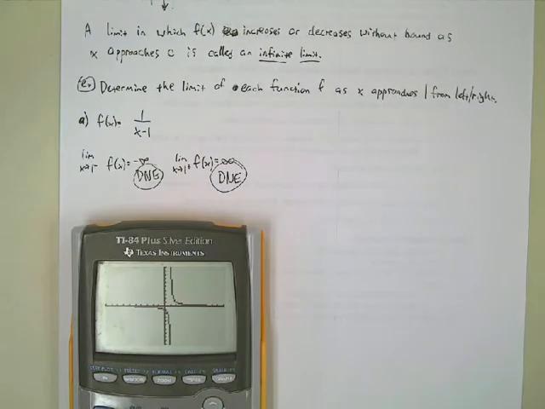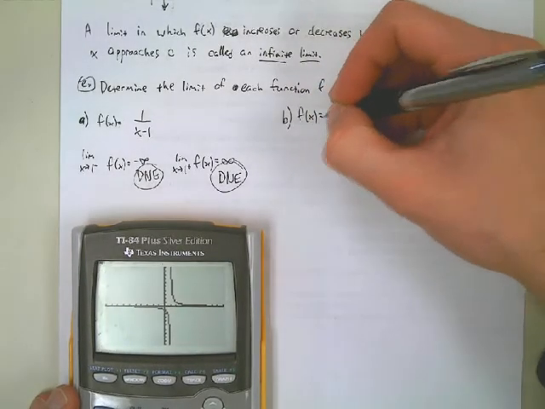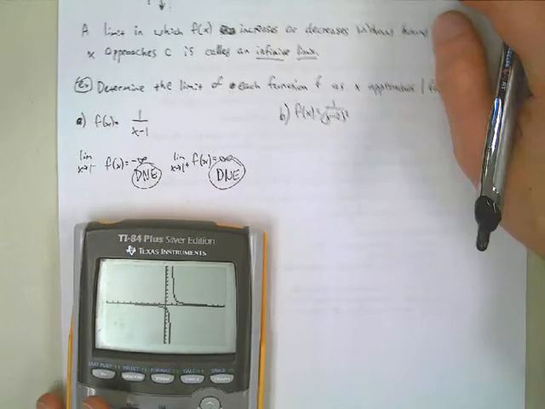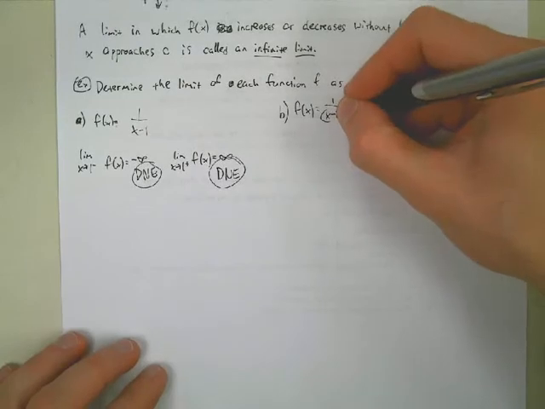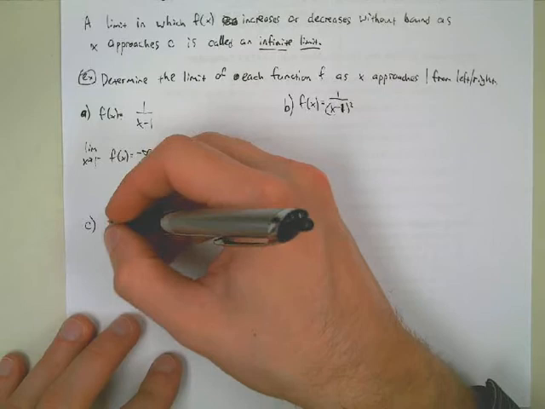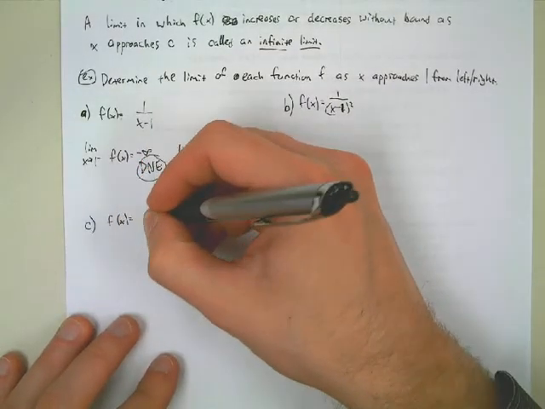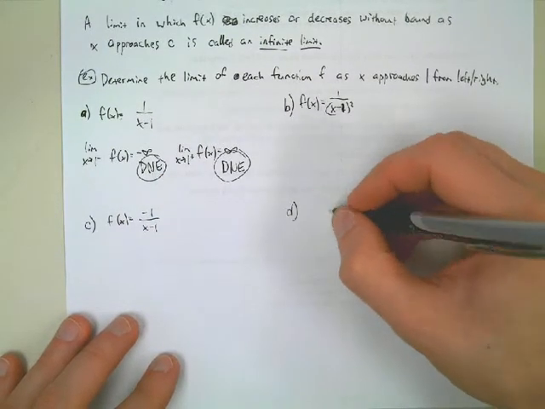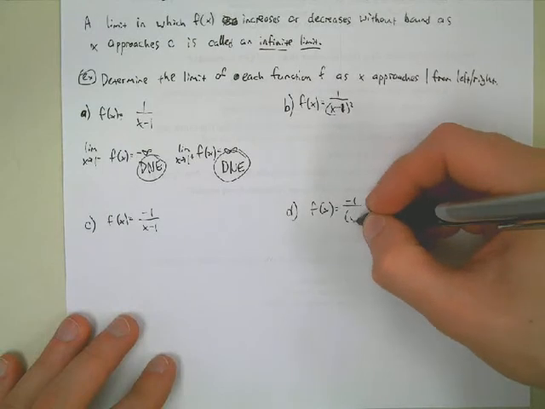Okay, so why don't you guys go ahead then do the same kind of analysis for these next 3 I'm going to give you. So next one will be 1 over the quantity x minus 1 squared. Okay, and then also try it for negative 1 over x minus 1, and then do it also for negative 1 over quantity x minus 1 squared.